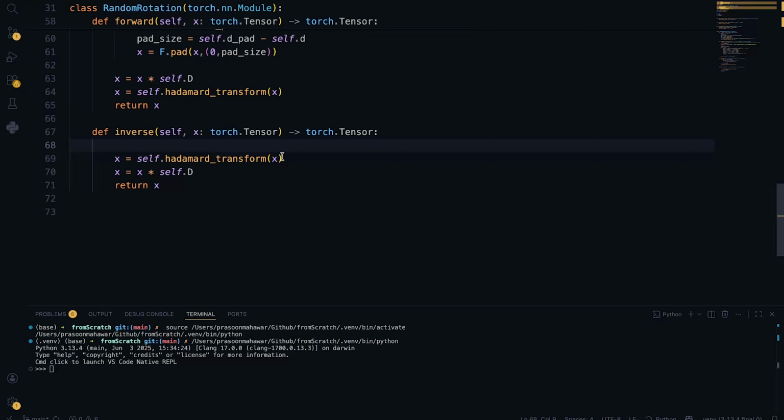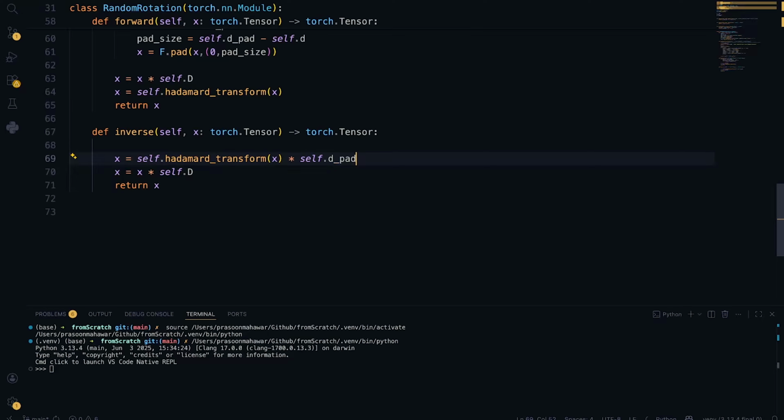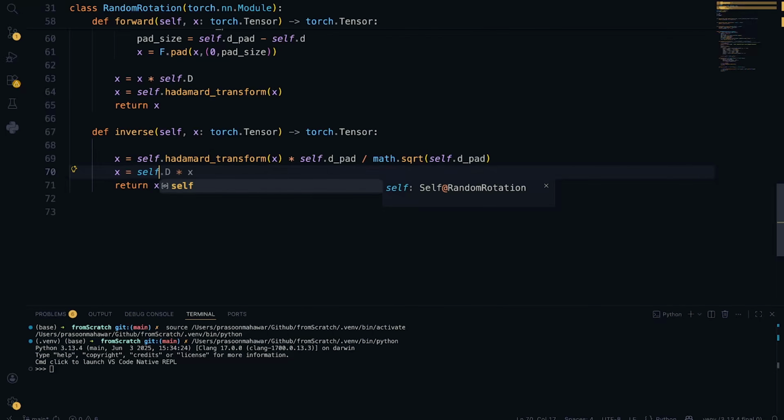So x will be equal to the Hadamard transform on x multiplied by self.d pad divided by math.sqrt of the dimension of the padding. And we again apply the self.Hadamard transform on x.